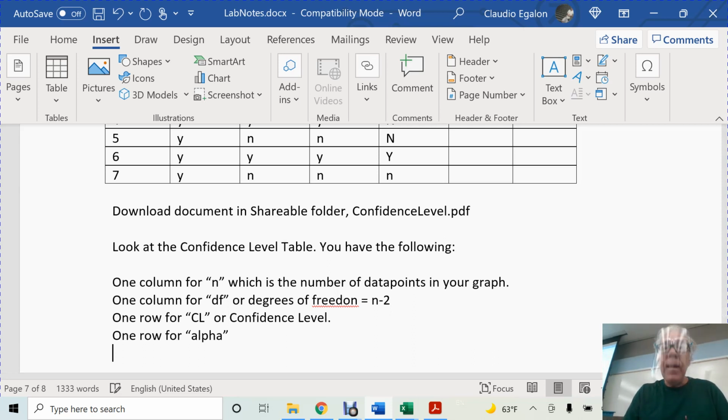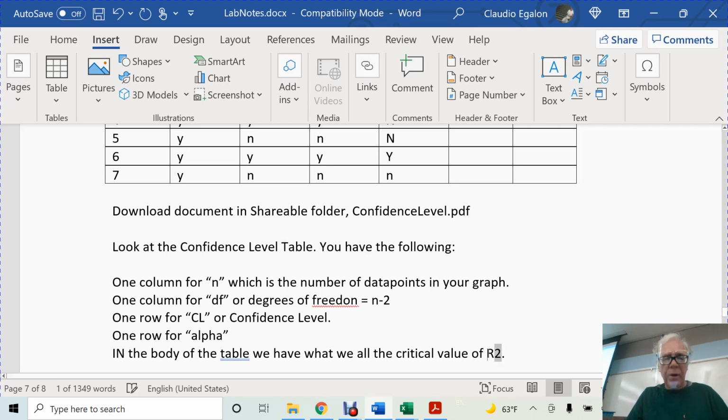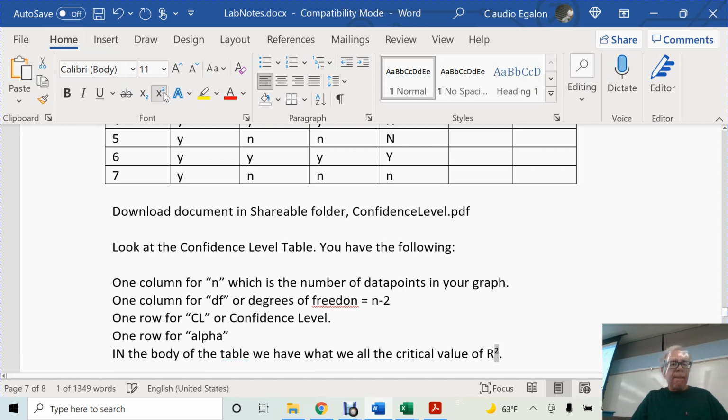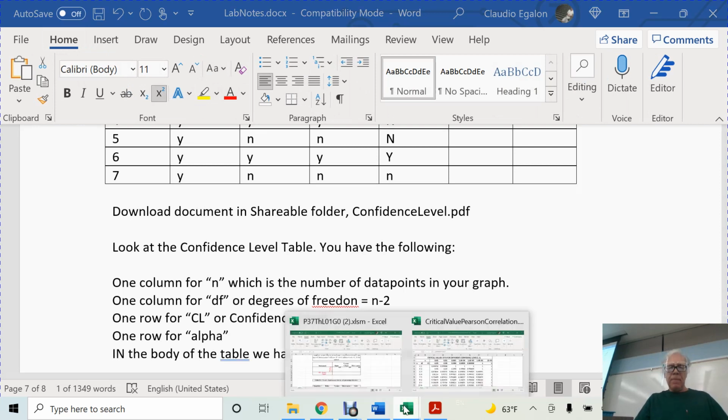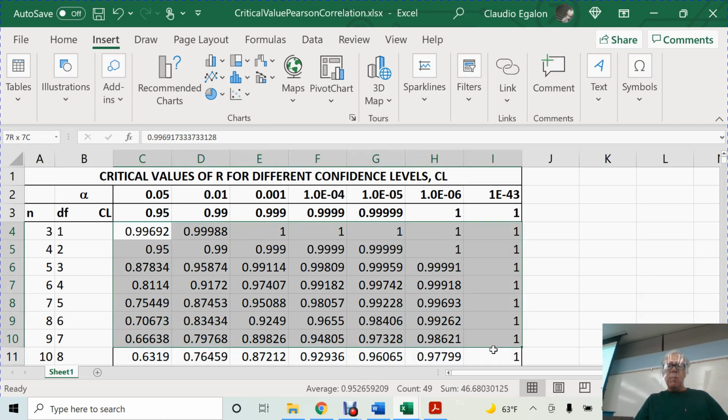In the body of the table, we have what we call the critical value of r square. So most of your table is r square values.